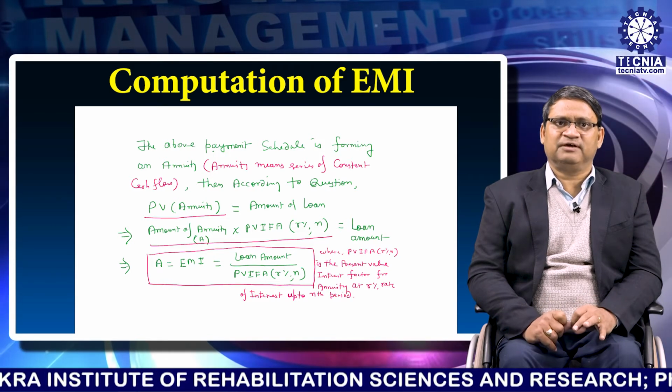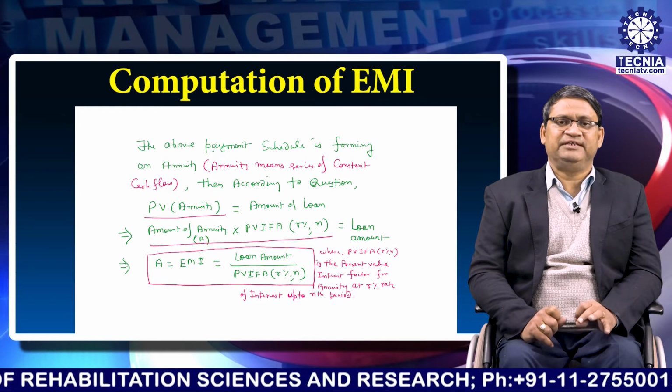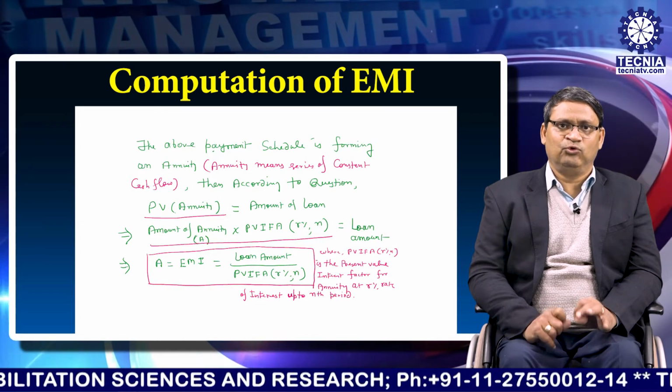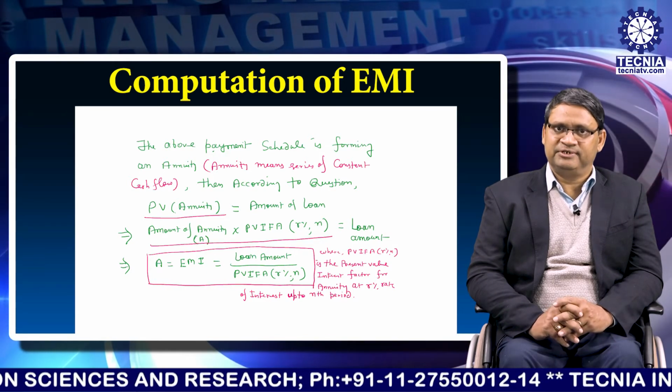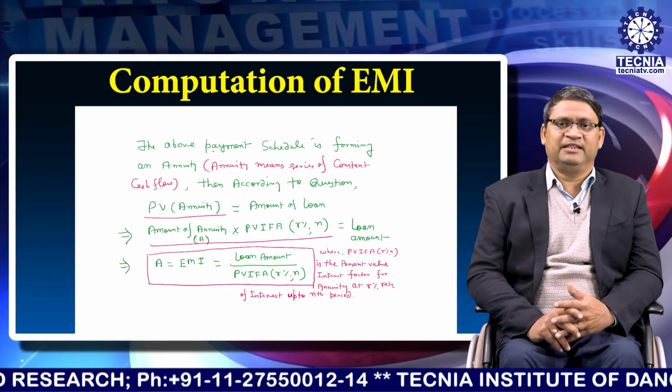Now, A, the amount of EMI which we need to calculate, is equal to the loan amount divided by the present value interest factor for annuity at R% for N periods.